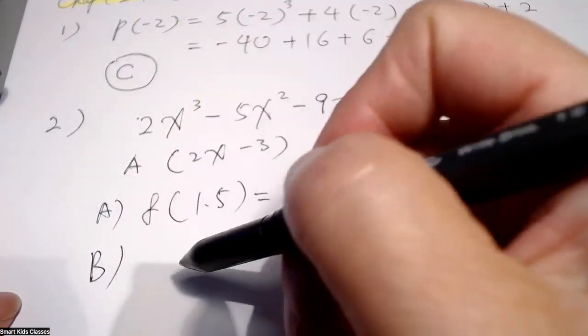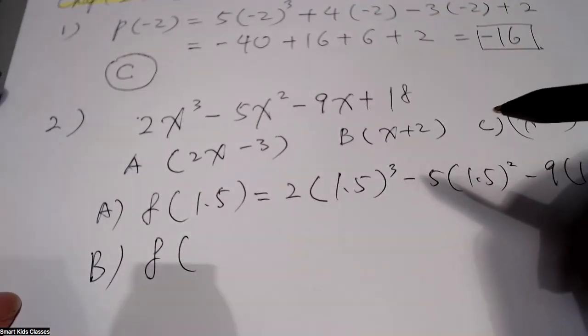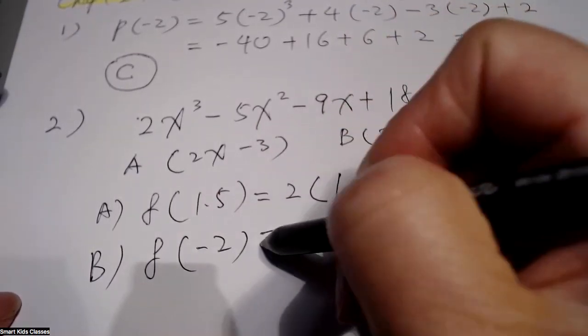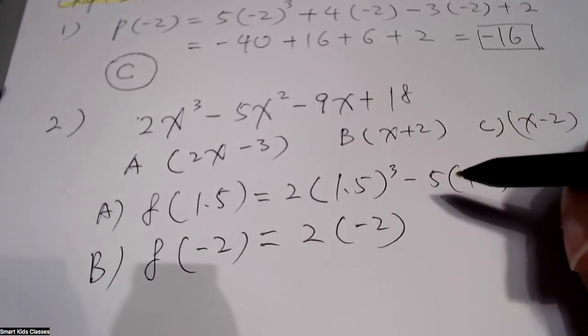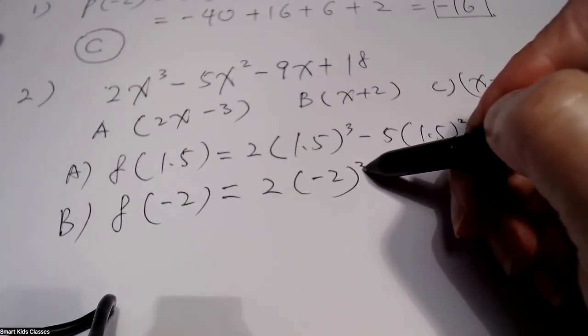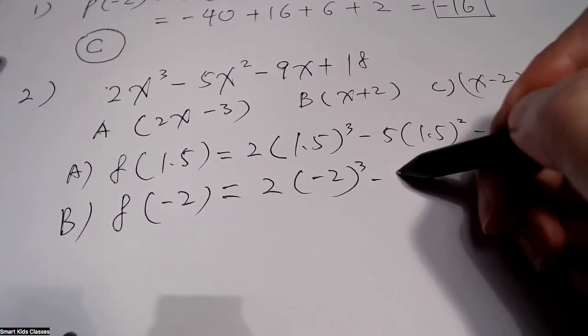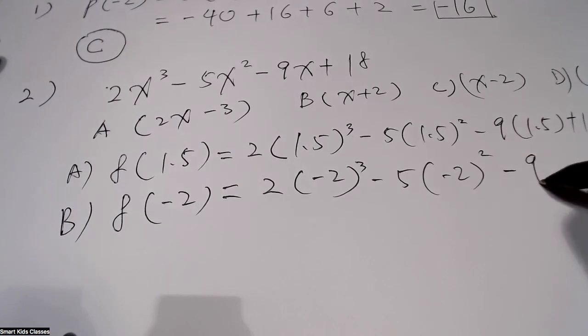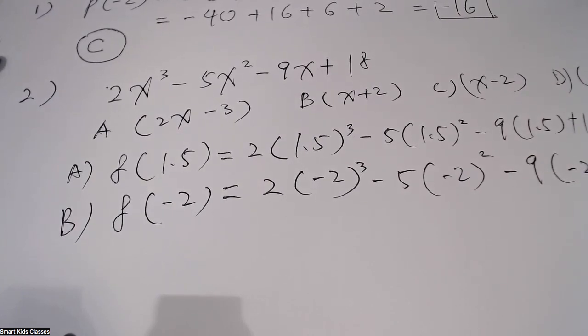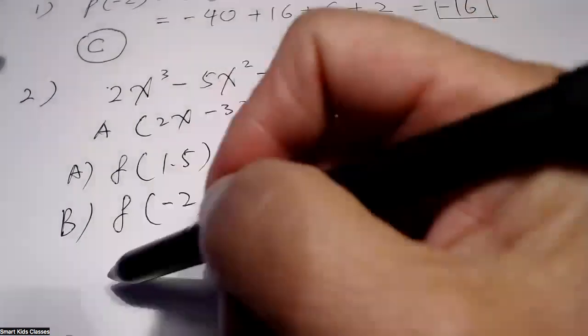Now for the B, we're going to put f(-2). So equal 2 times (-2)^3 minus 5 times (-2)^2 minus 9 times -2 plus 18.